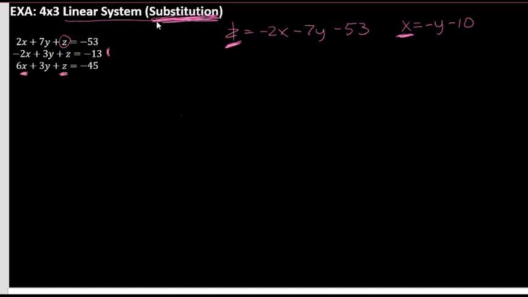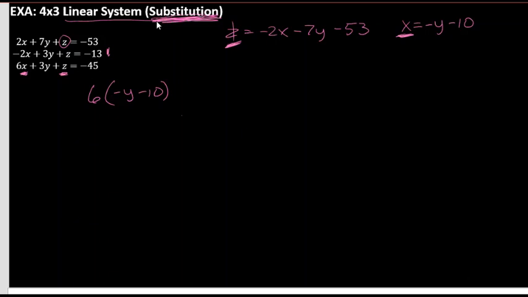All right? So 6x, x is negative y minus 10. Okay, and what I'm basically doing is starting to limit down. So when I plug in, I'm going to have everything in terms of y, which is incredibly good for me. You'll see here in a second.